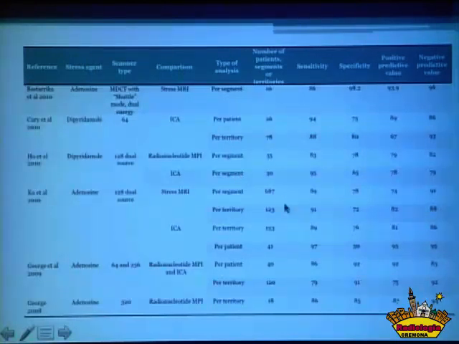The numbers of patients in all of these are quite small. 40 is the maximum. A number of segments assessed in that is 687, which must have taken quite a while. But in general, they're all showing the same thing. Sensitivity, specificity, positive and negative predictive values, somewhere between 80 and 90, up to 100% for some of the numbers.